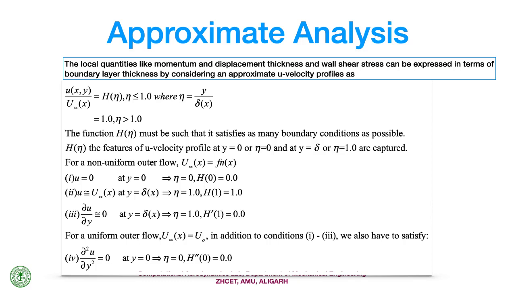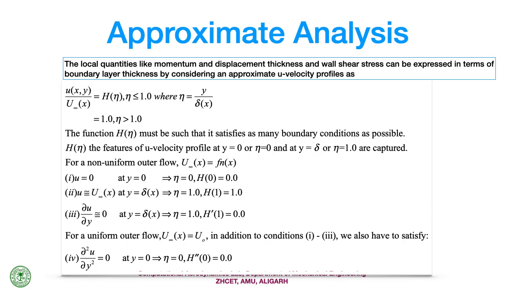So the most important boundary condition which has to be satisfied is the no slip boundary condition. That means that at the plate, that is y equal to 0, the u velocity must be equal to 0. Therefore at eta equal to 0, h at 0 must be equal to 0. The second most important thing is that the velocity must become equal to u infinity at the boundary layer thickness.